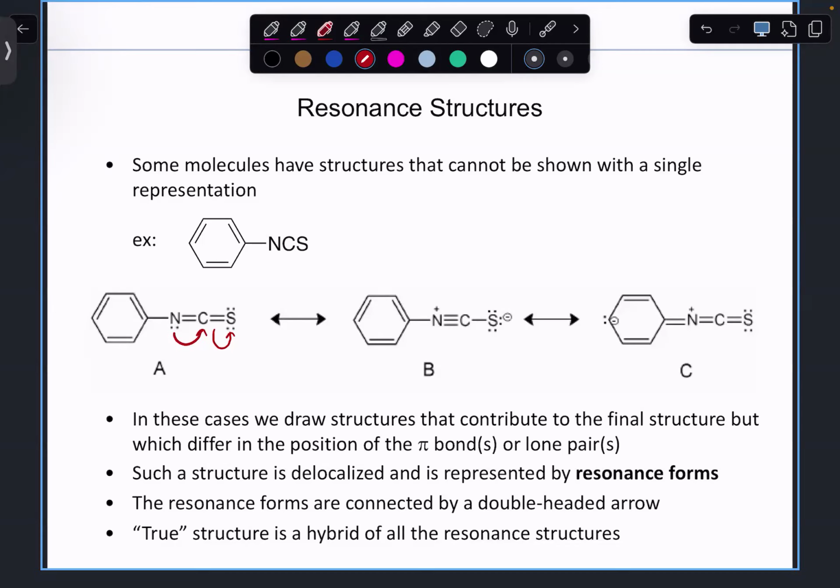Could you draw the arrows to indicate how we get from B to C? Like to start at an end.